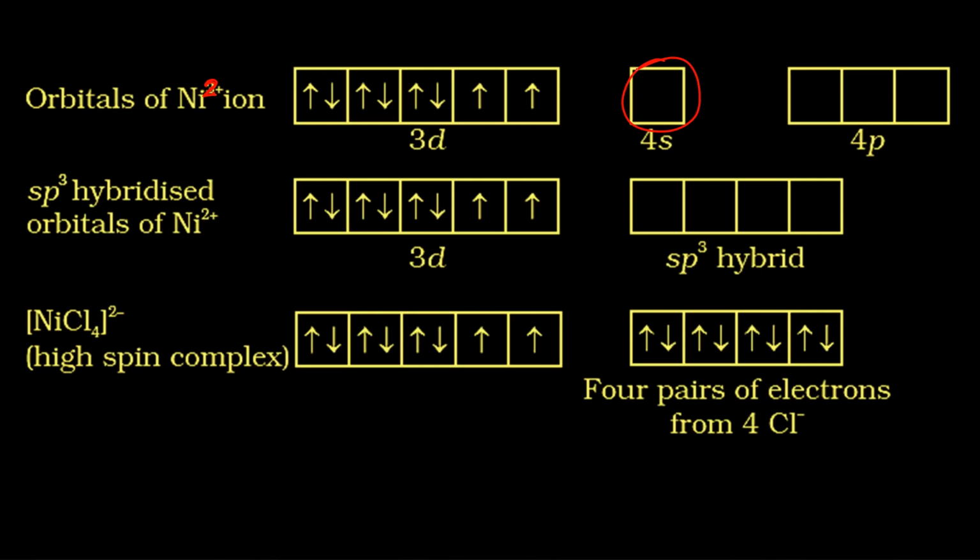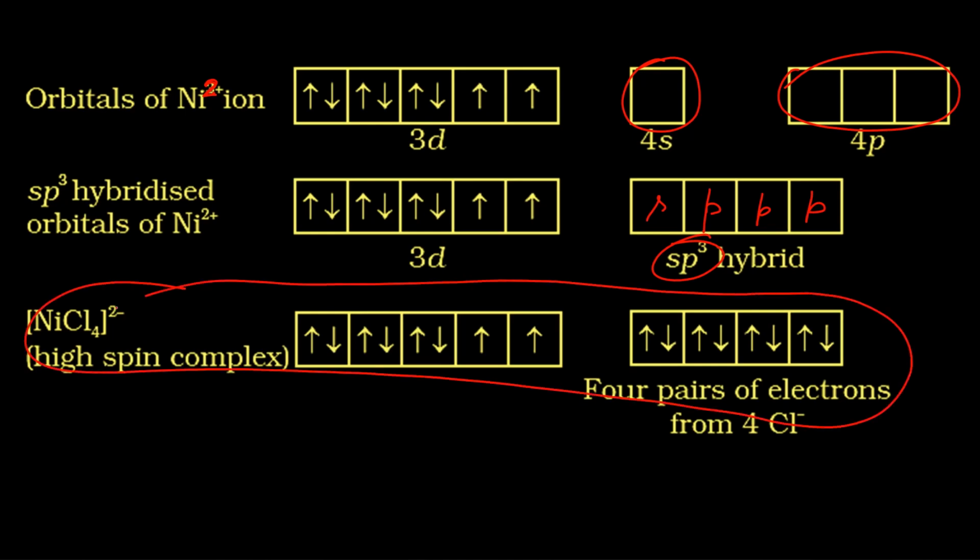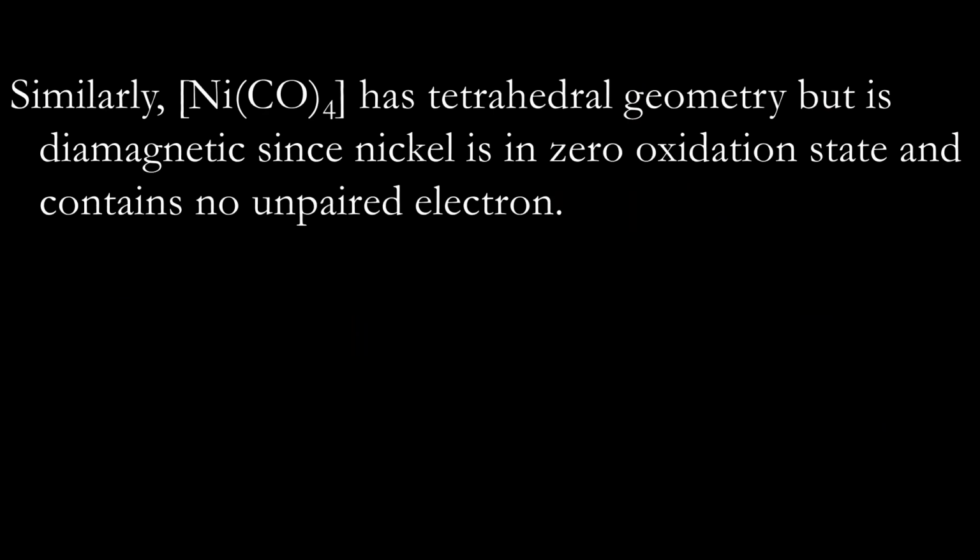So 4s, and after that 3p. So this S, this P, this P, this P will form sp3 hybridization. These 4 empty orbitals will gain 2 electrons each from the 4 chlorines. So this will be the final diagram you will show, and these are the steps you will write. Clear? Any confusion here? Next one.